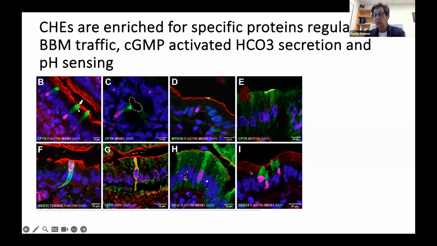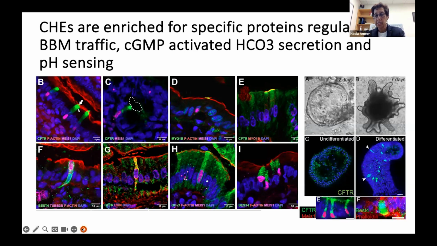And bestrophin 4, even though it's a basolateral membrane channel, we find at the protein level both on the basolateral domain and in what look like vesicles in the cheese cells, suggesting that bestrophin 4 may also be important in trafficking within these cells.